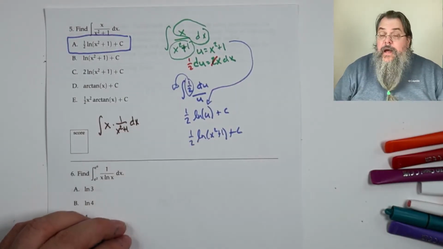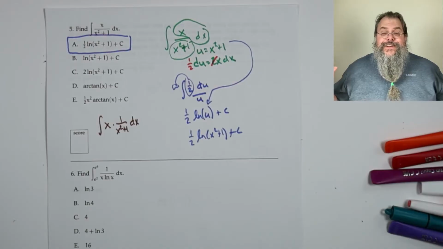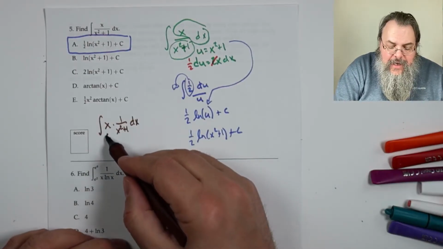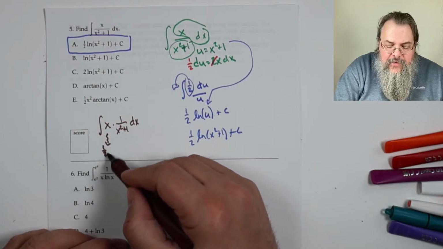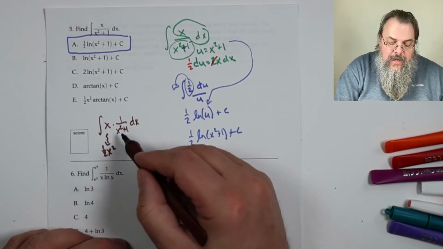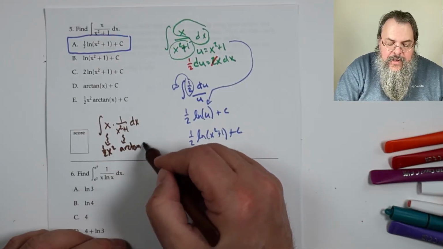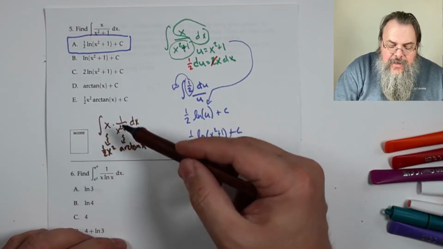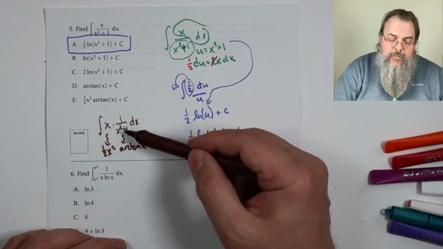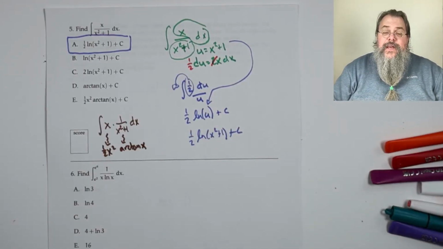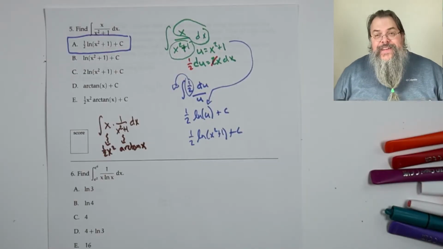And I totally agree with that. Now it's like, well, I know how to integrate x. That's a half x squared. I know how to integrate 1 over x squared plus 1. That's arctangent x. So shouldn't the integral of x times 1 over x squared plus 1 be the 1 half x squared arctangent x? And the answer is no.